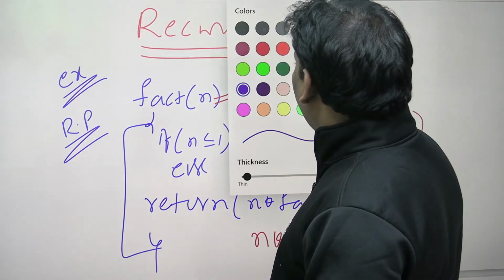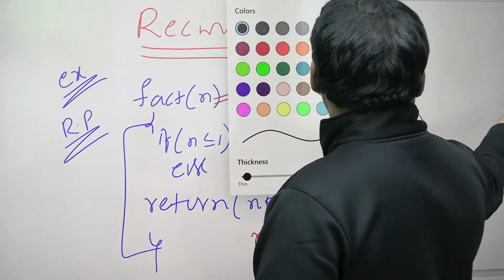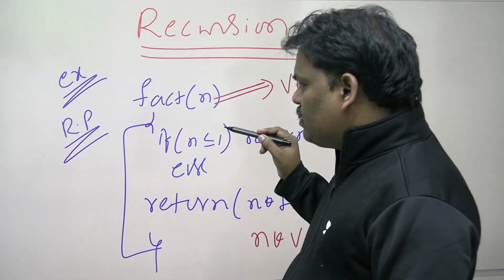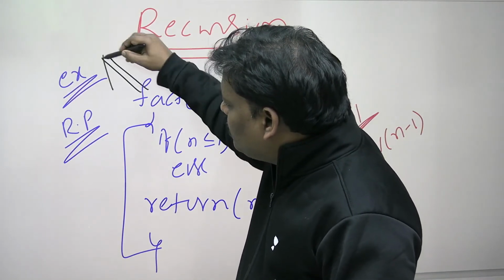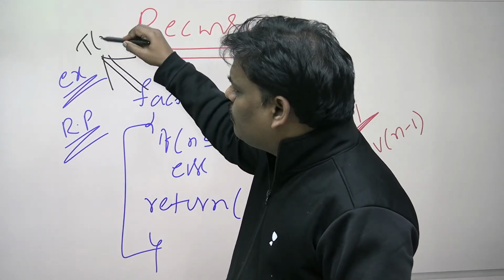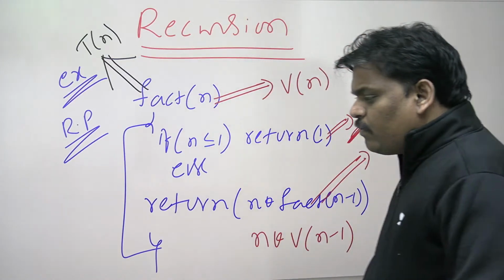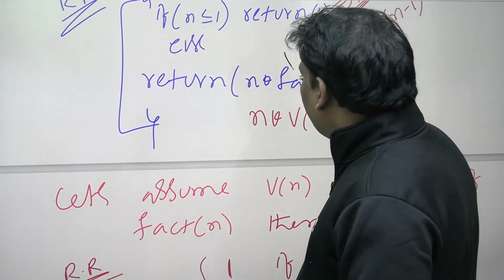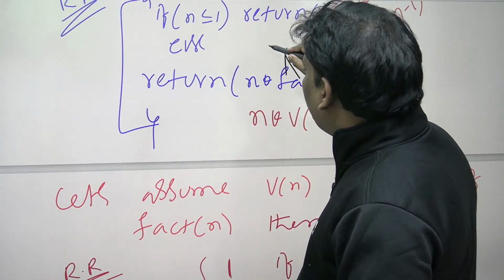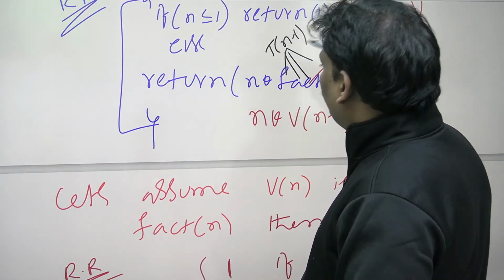I am writing with a different color, the black color. Fact of n, everyone listen, time complexity is T of n. If that is the case, fact of n minus 1 time complexity is T of n minus 1.